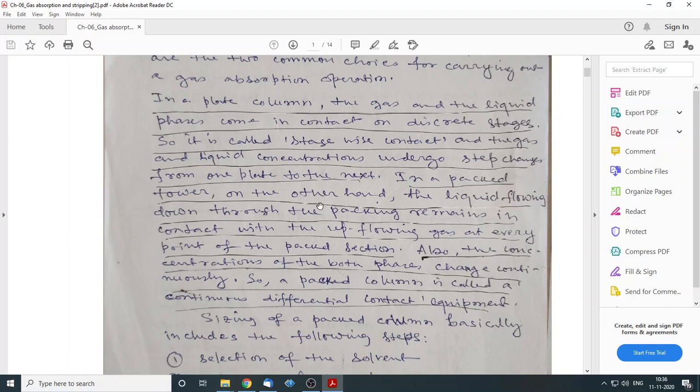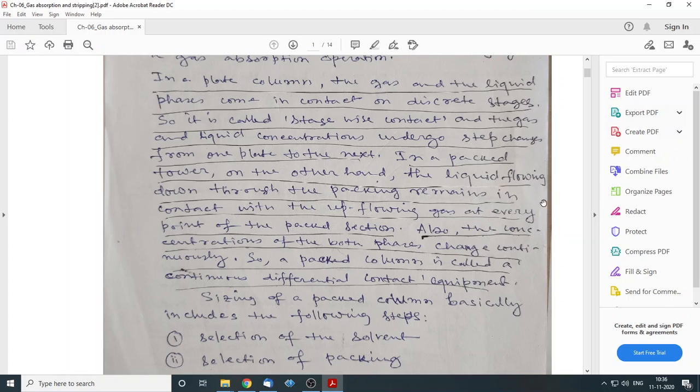In a packed tower, on the other hand, the liquid flowing down through the packing material remains in contact with the upflowing gas at every point of the packing section.